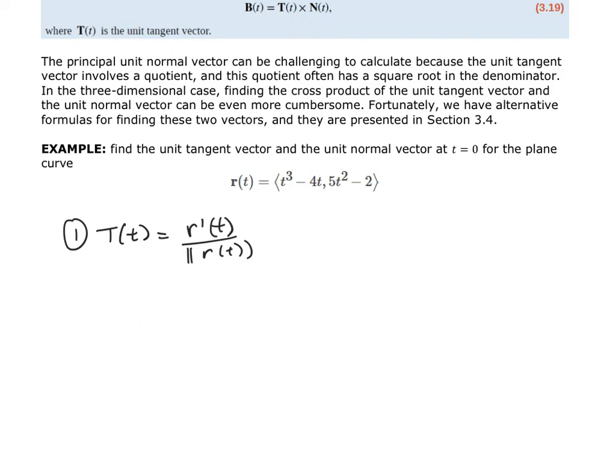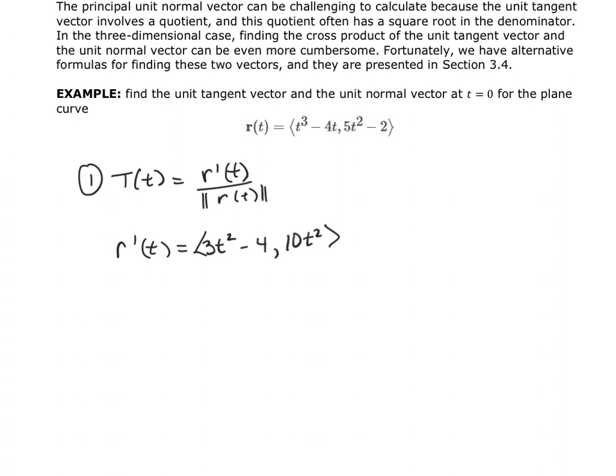So we're going to find r prime of t, which gives me 3t squared minus 4, and then 10t squared. And now I'm going to find the magnitude of r prime of t.